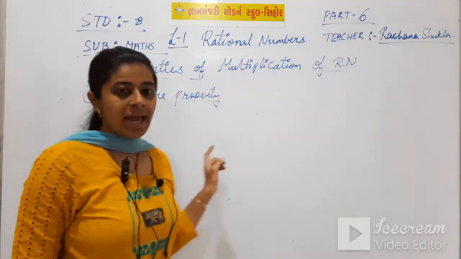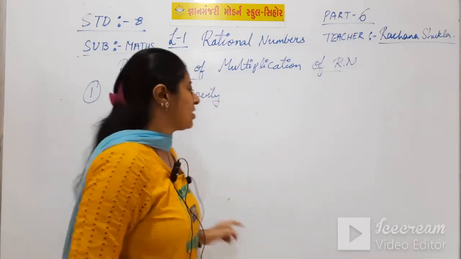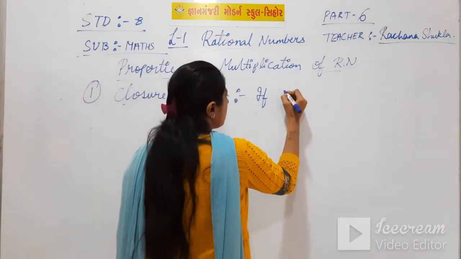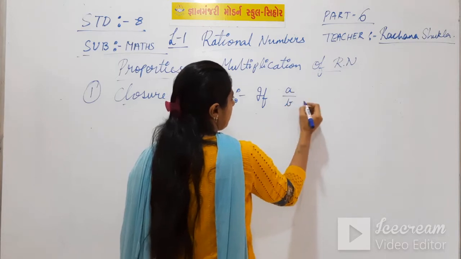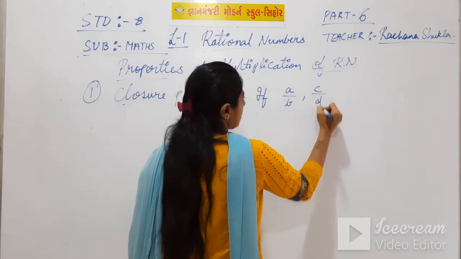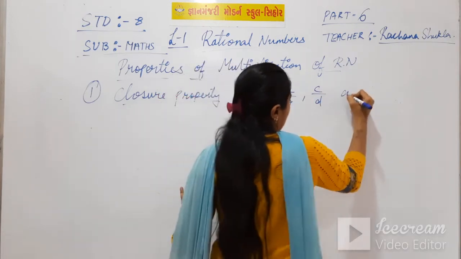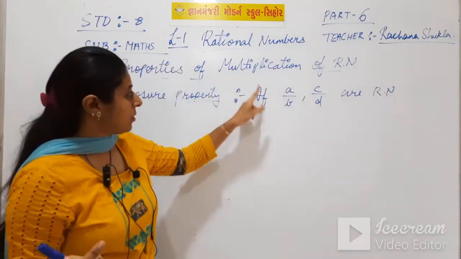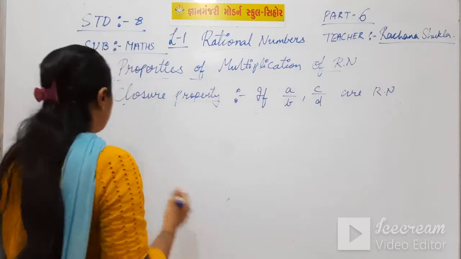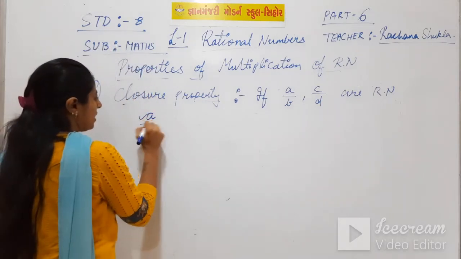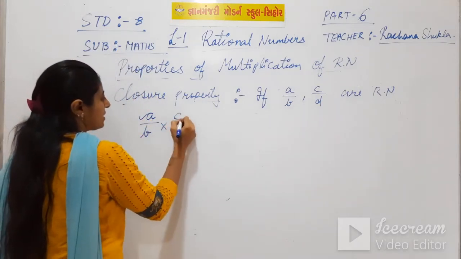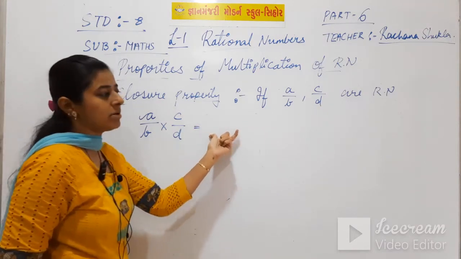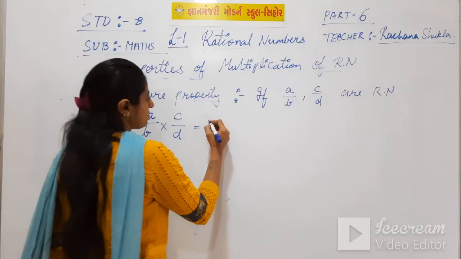The same thing as in addition and subtraction. If there are two numbers a upon b and c upon d that are rational numbers, so if you multiply a upon b multiply c upon d, you will get a rational number as your answer.